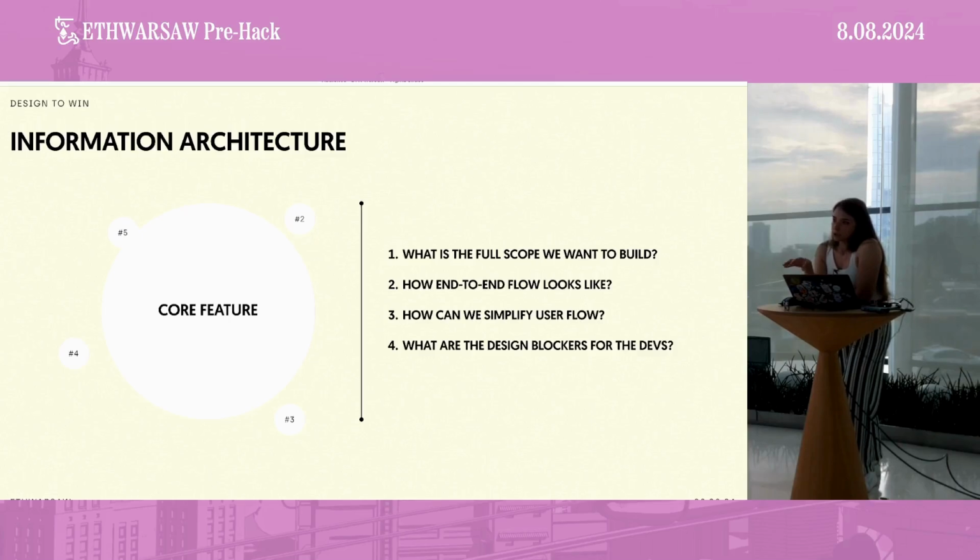Start designing from the core feature, and remembering that you might add something later on, leave space for it, and then you can start just slapping it in case you actually can.